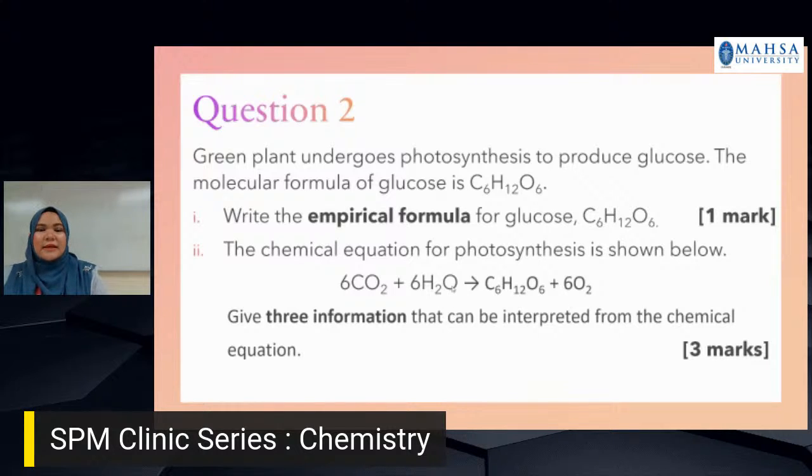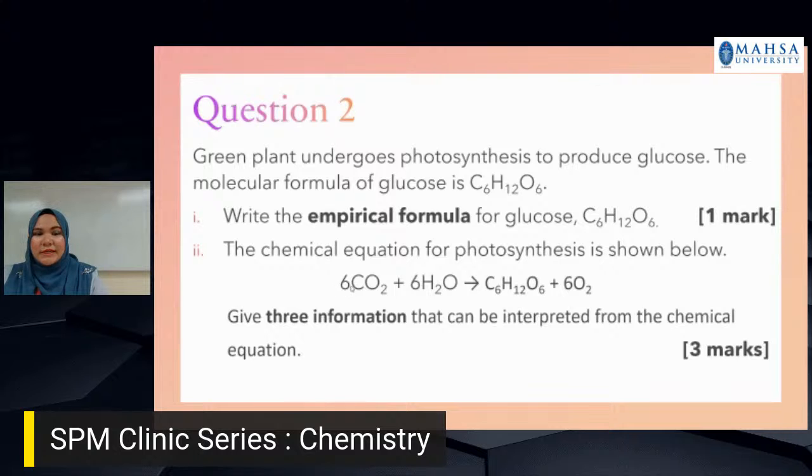Second information, according to this chemical equation, is that 1 mole of C6H12O6 will be produced. And the third information is that 6 moles of oxygen gas will be produced.